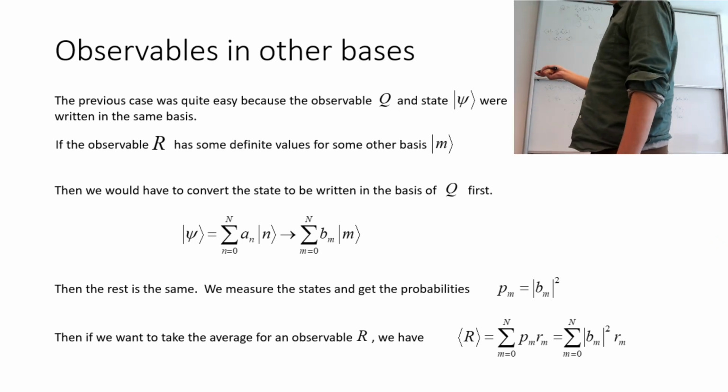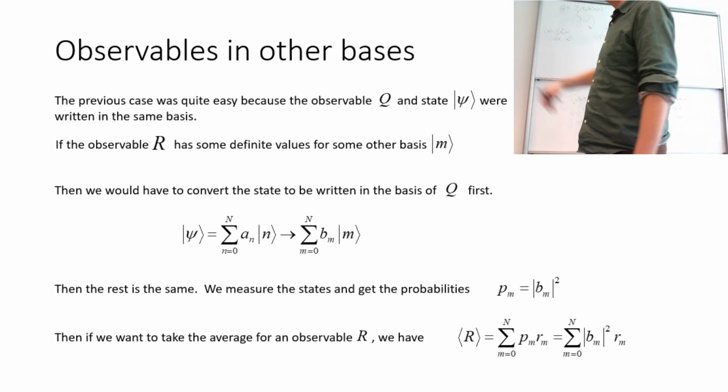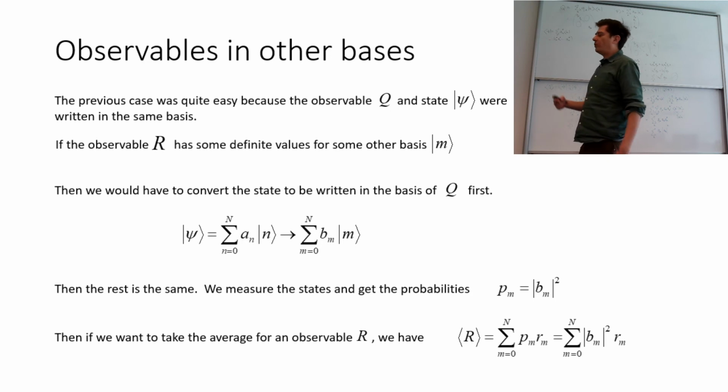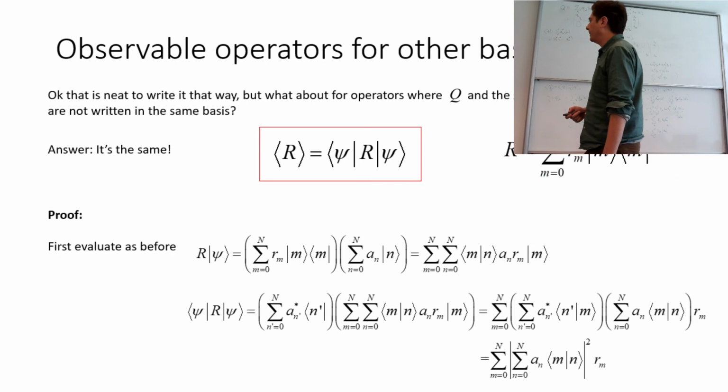So we start with our original state, we do a basis transformation, just like we did a couple of lectures ago. And once we've written it in the common basis, then the story is the same. We just do our probabilities according to the coefficients in the new basis, and then we take the average of this R, right? The R would be modulo squared, but then it would have to be these B coefficients, the coefficients in the new basis. So that's one way to go about it.